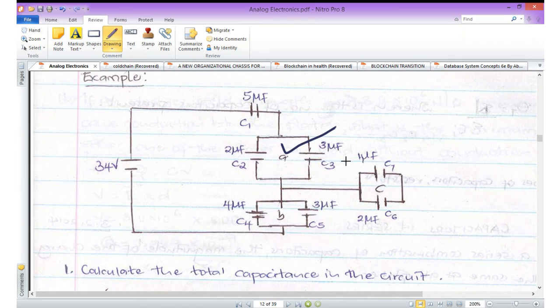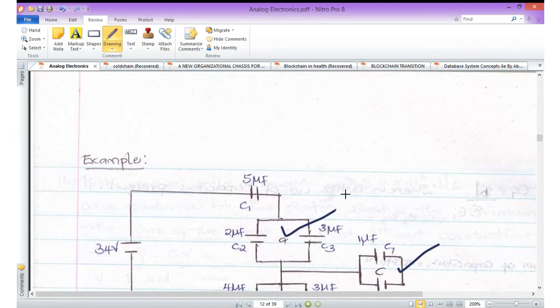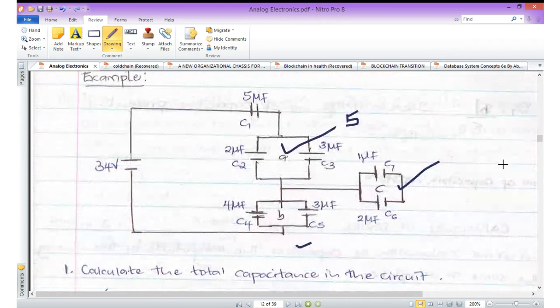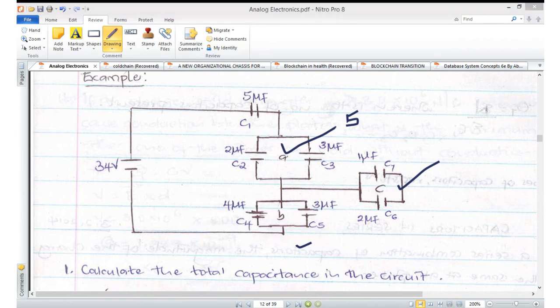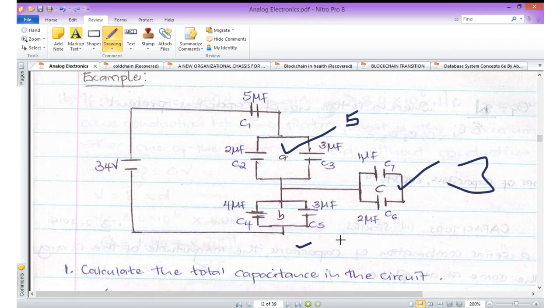Okay, so we have that circuit and we have that circuit. Once you compute them, these will be 5, that will be 3, and that would be 7.